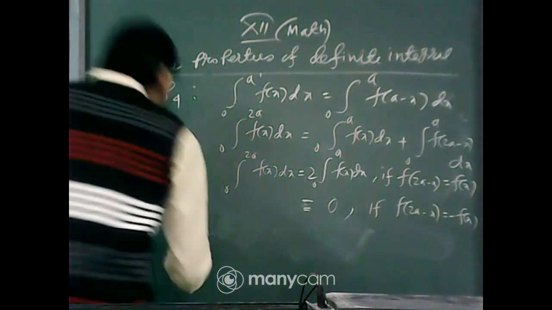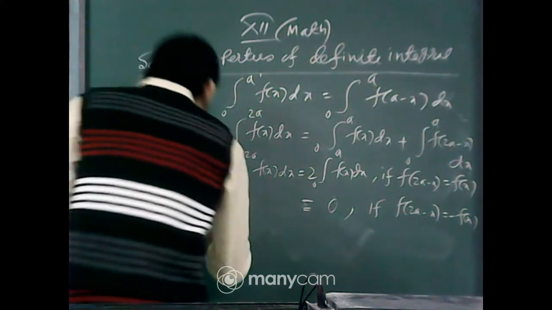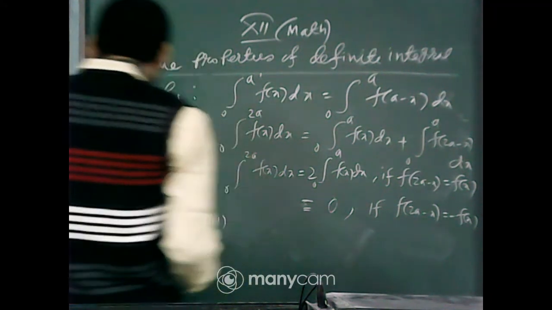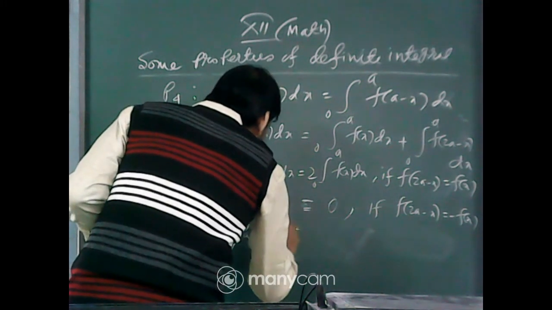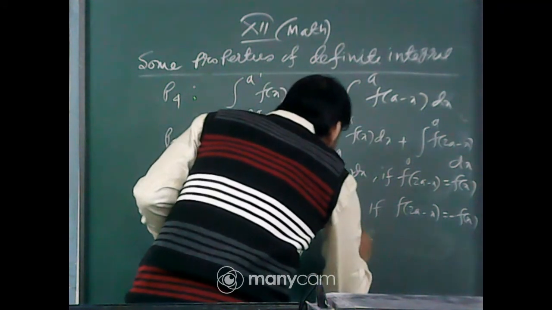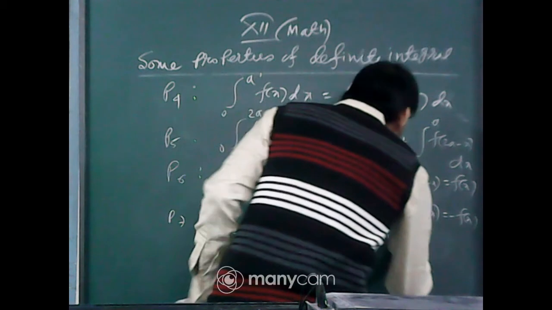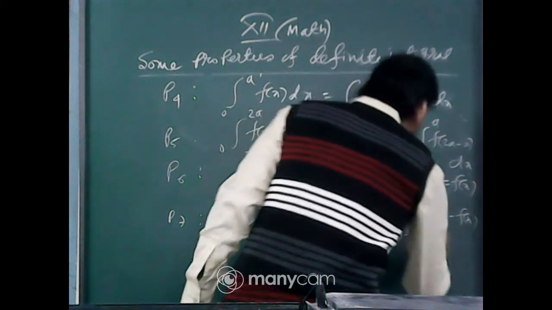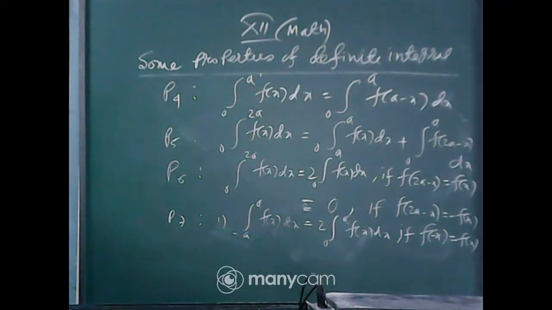The last property, that is P7. There are two properties of P7. One is integration minus a to a f(x) dx equals twice 0 to a f(x) dx if f is an even function, that is if f(minus x) equals f(x), that is called an even function.